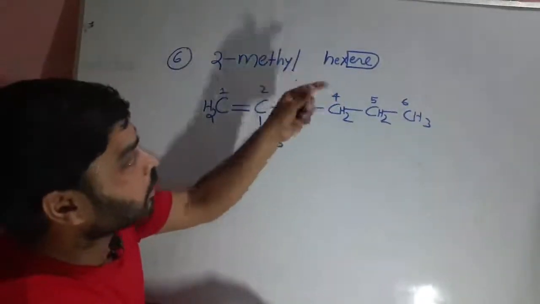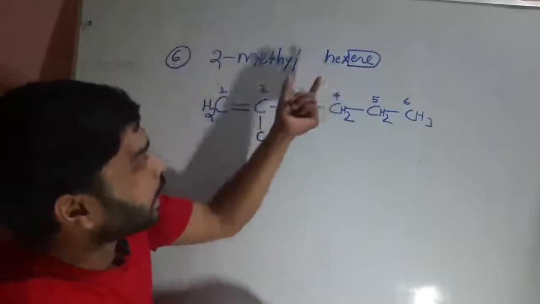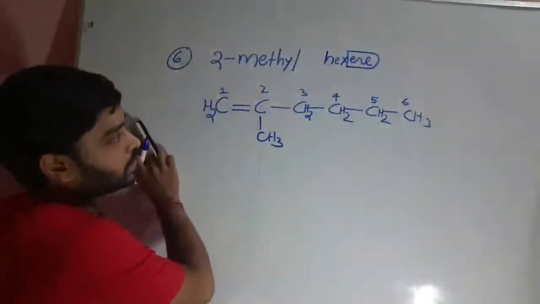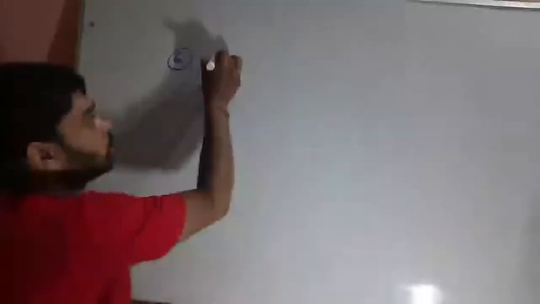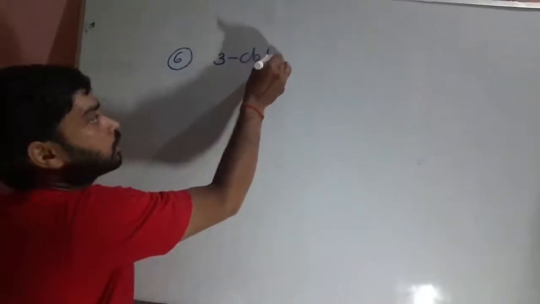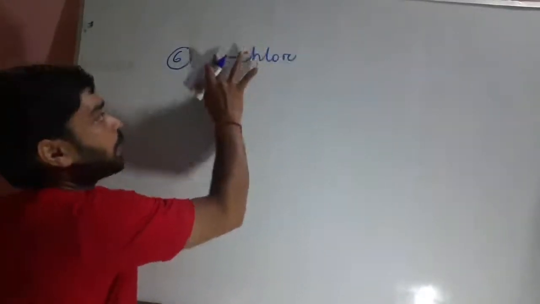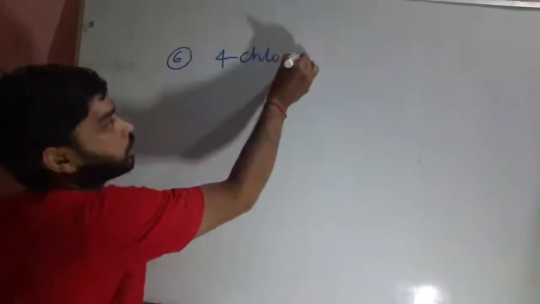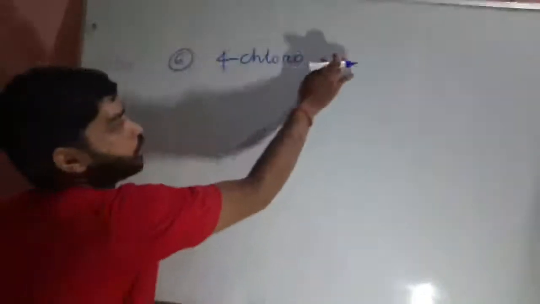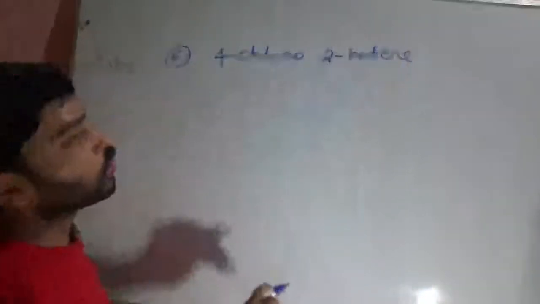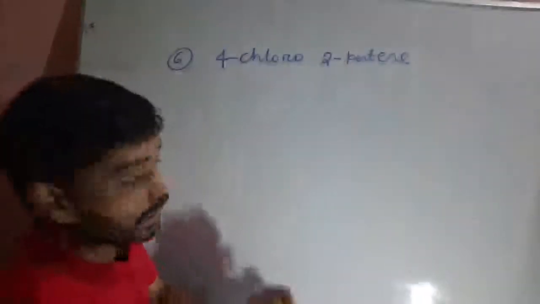Now I will give you a question from the alkene section. Four chloro, 2 pentene.